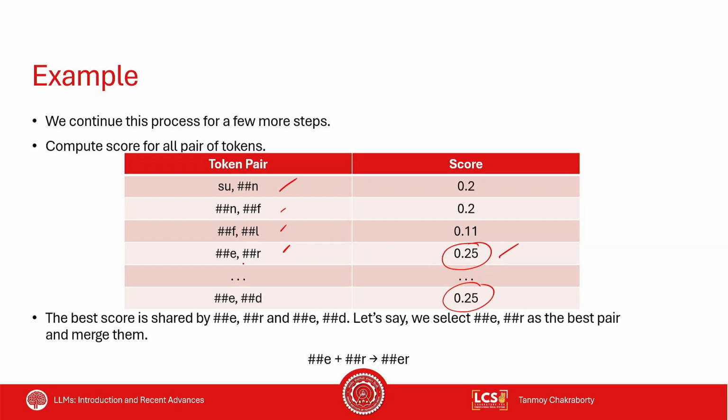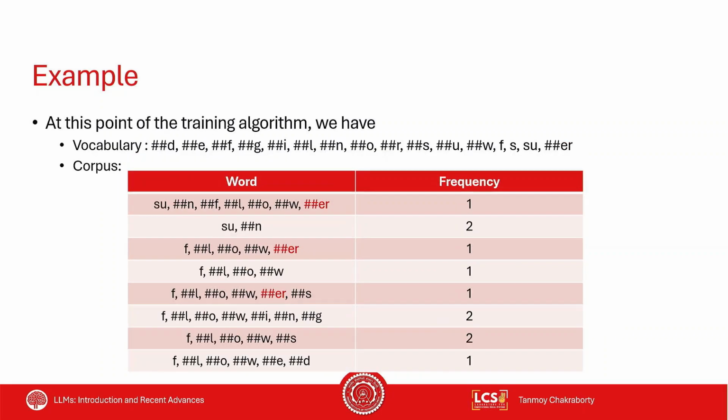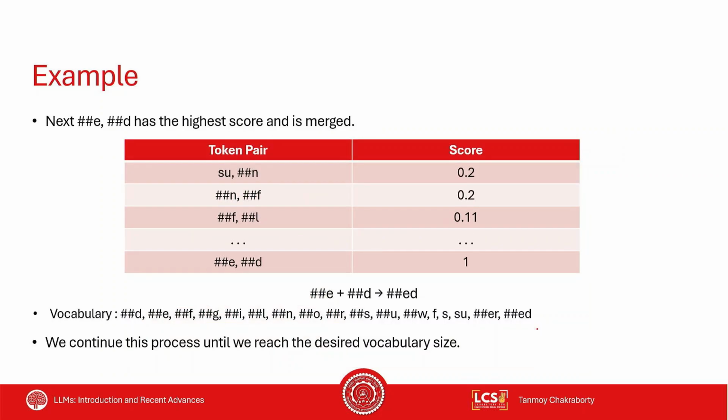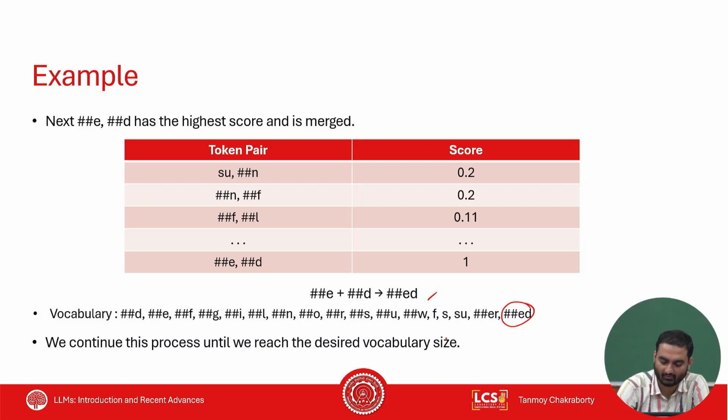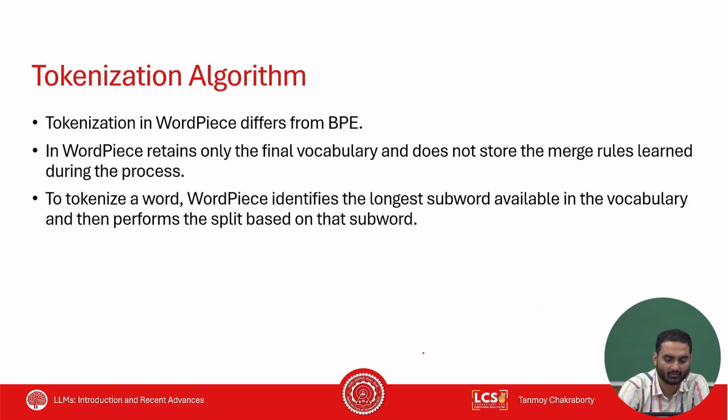Let's say we chose E and R to be merged. So E and R will be merged, and the new token will be ##ER, which will be a part of the vocabulary. We replace all appearances of E, R by ##ER, and so on. So your vocabulary size increases, the table gets modified. At the next stage, you again merge ED, it will be added here, the vocabulary size increases, and so on and so forth.